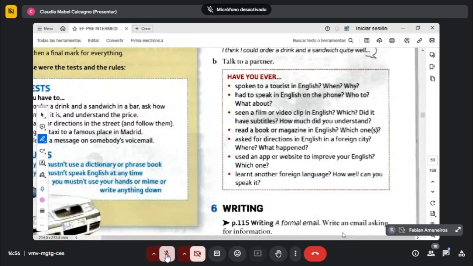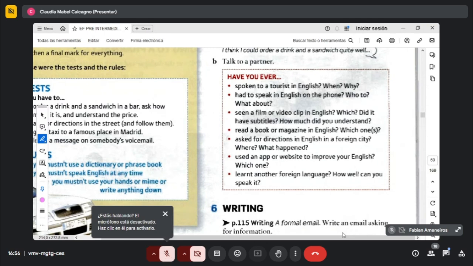Noelia? Yes, very little, with things about the family. About the what? The family. Okay, about the family.